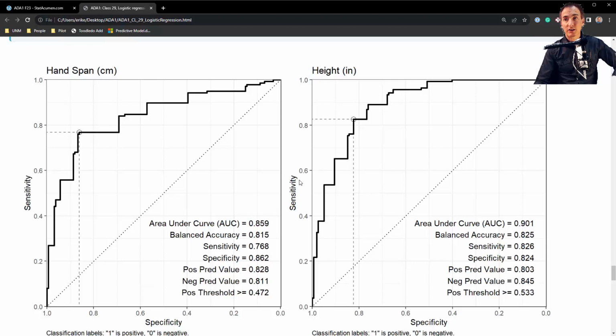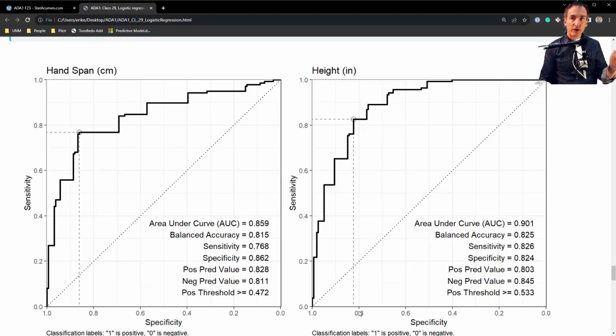It does have higher sensitivity, but notice it does have lower specificity. Over here, the specificity was 0.862, but here on the right, it's closer to 0.8. It's 0.82. So it does better on one, but worse on the other.